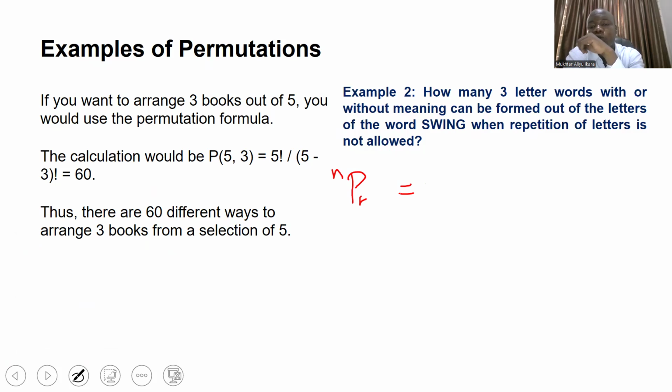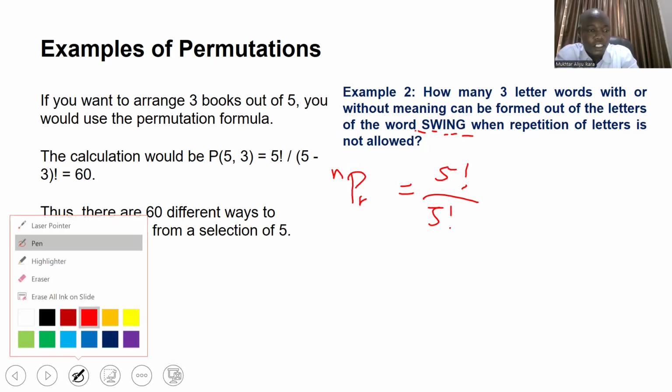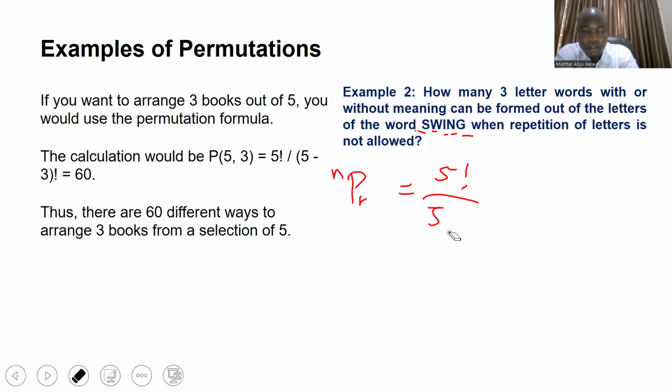Let's see how many letters we have in swing: 1, 2, 3, 4, 5. So we have 5 letters. So we have 5 factorial divided by (5 minus 3) factorial, and this will give us 5 factorial divided by 2 factorial.